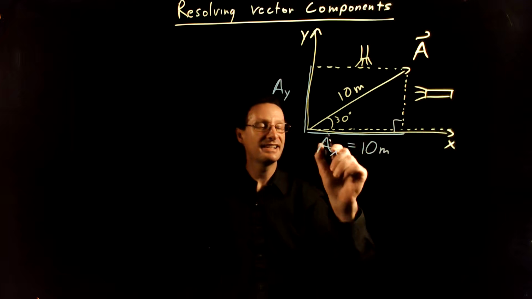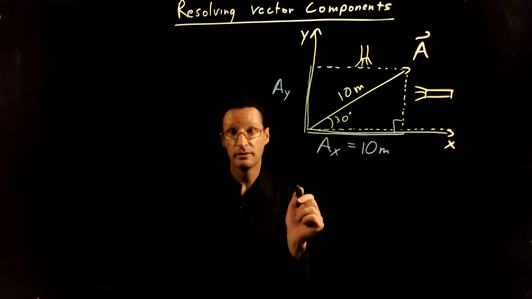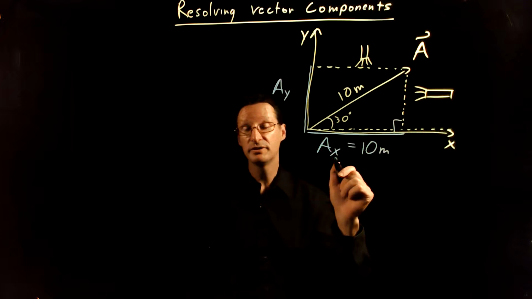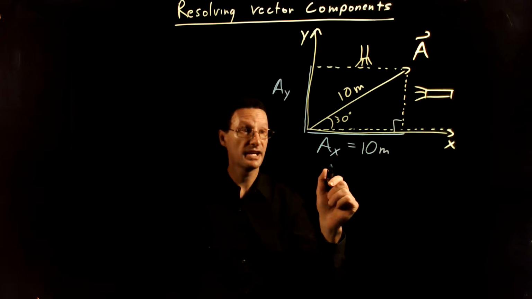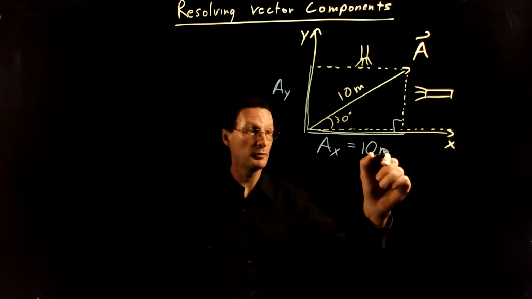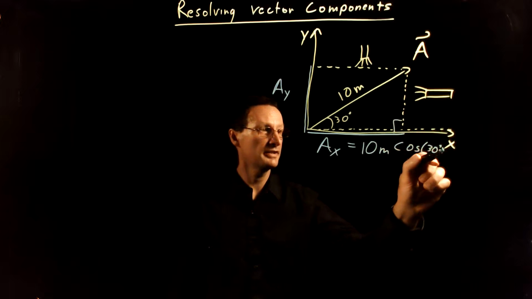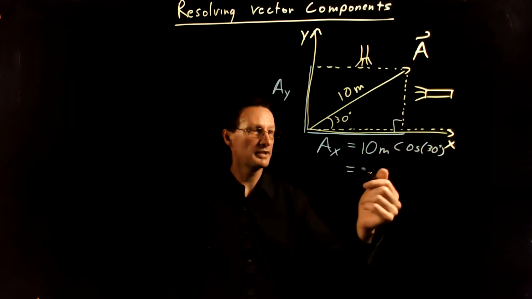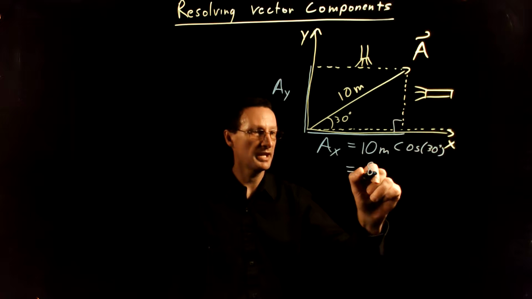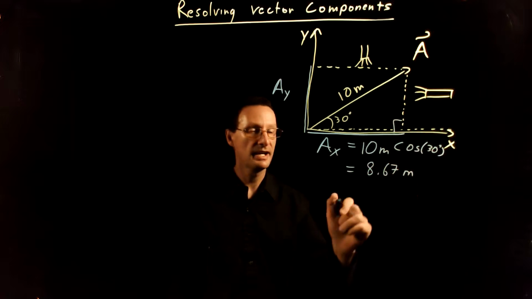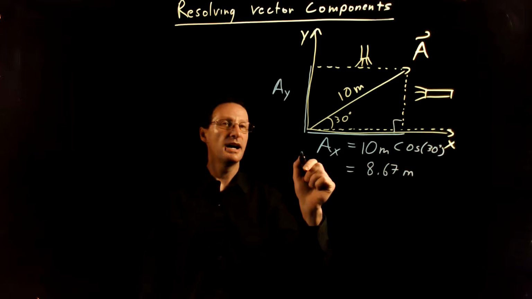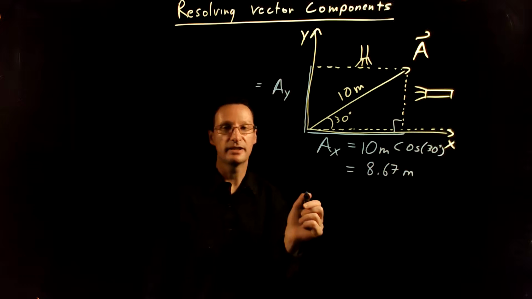And this side is adjacent to the angle 30 degrees. And so I want to use the trig function that involves that. That would be cosine, because cosine involves the adjacent side. And when I compute this number, 10 times cosine of 30, that gives me 8.67 meters. I computed that ahead of time, but you would just use your calculator for that.